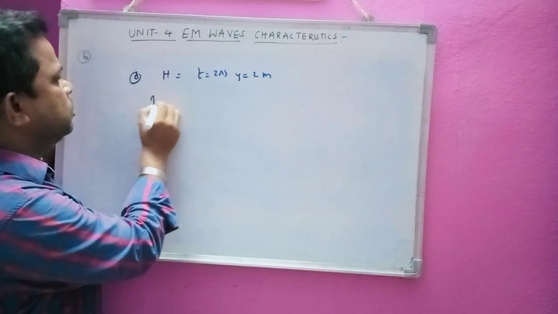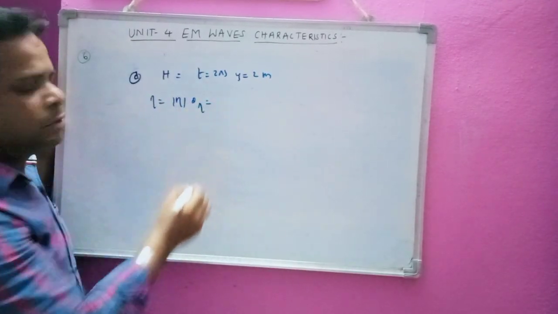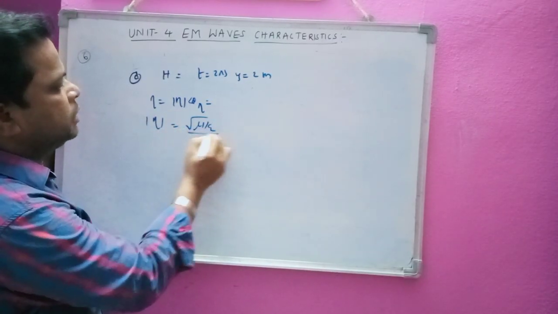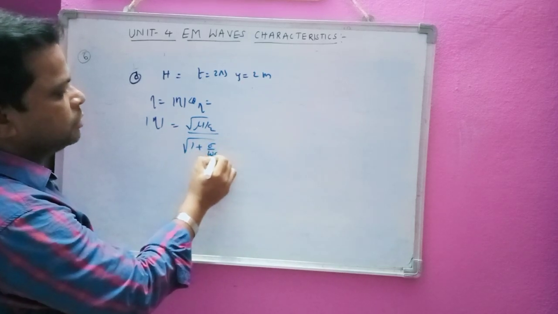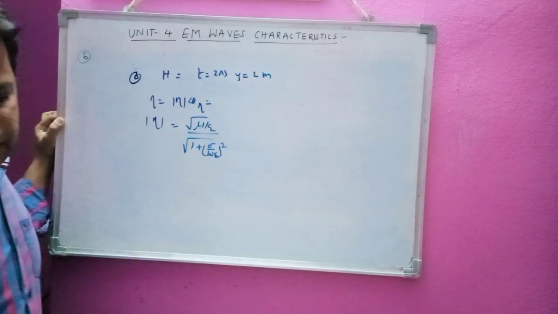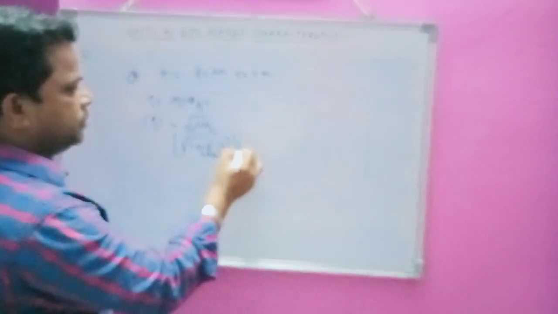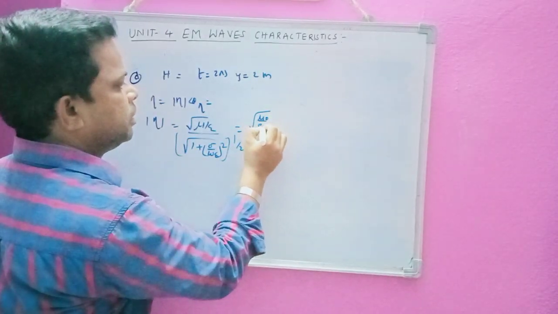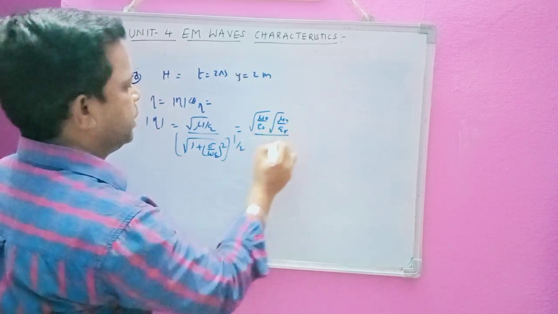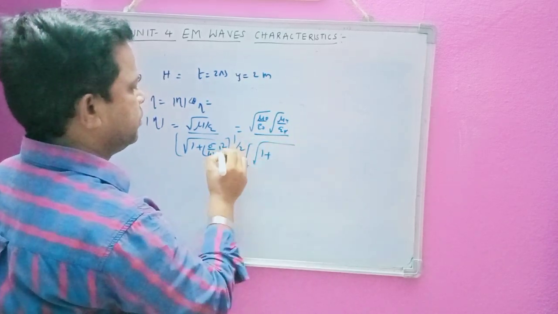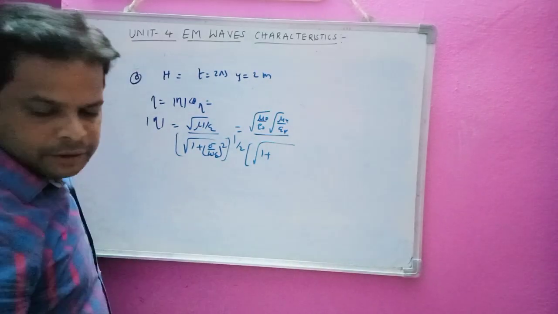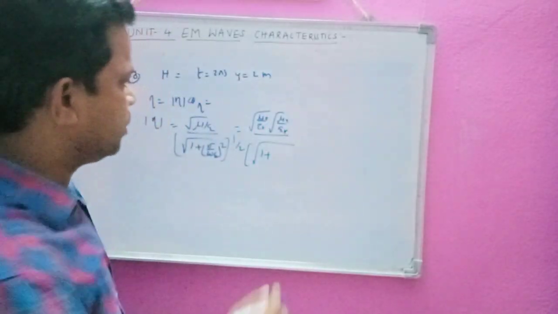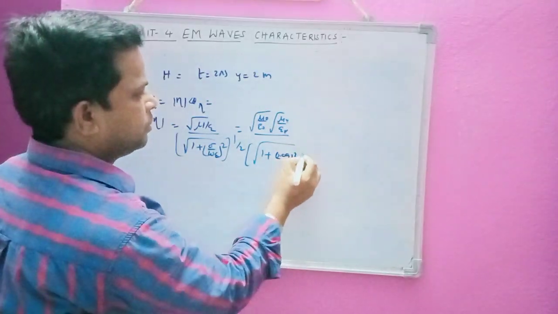Now mod eta is equal to square root of mu by epsilon, times the square root of 1 plus sigma by omega epsilon whole square, whole power 1 by 2. By substituting these values we get square root of mu naught by epsilon naught and mu r by epsilon r, over 1 plus sigma by omega epsilon, which we already got as 0.09, whole square, whole power 1 by 2.